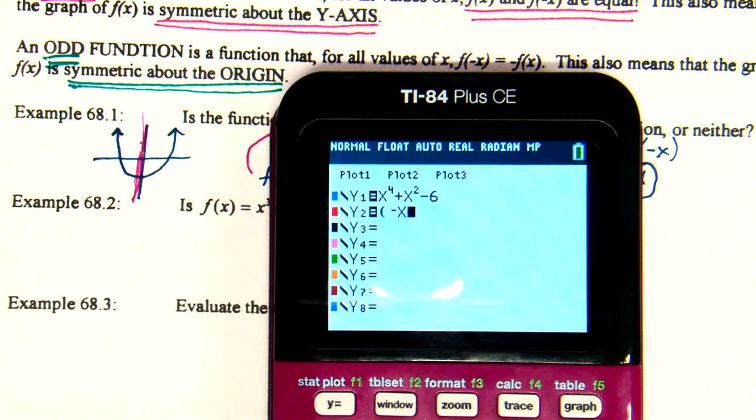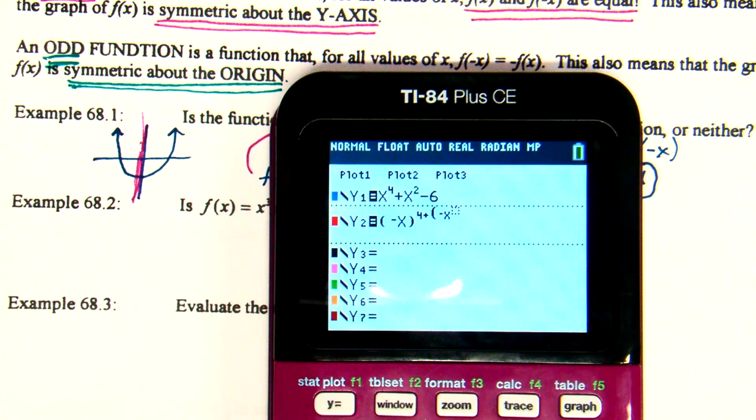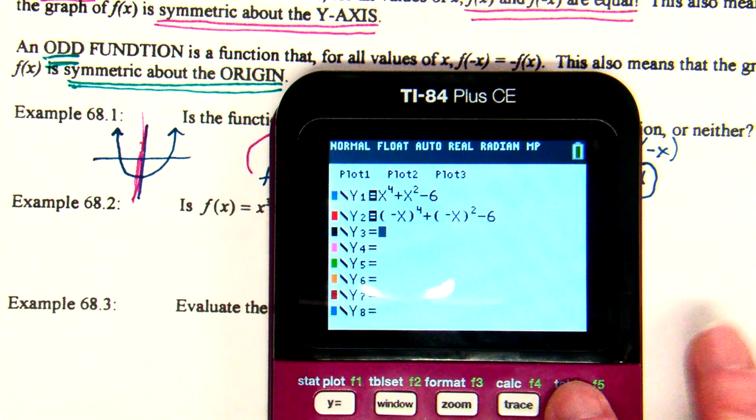Negative x raised to the fourth. So I've done it twice now. Plus negative x, crud, redo, negative x raised to the fourth. What the heck now, friend? No, I did it a third time exactly the same. And Trevor looked at it this time and fixed it.